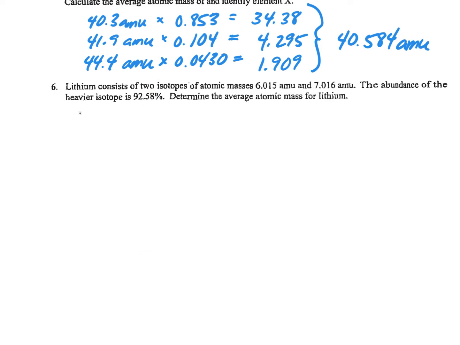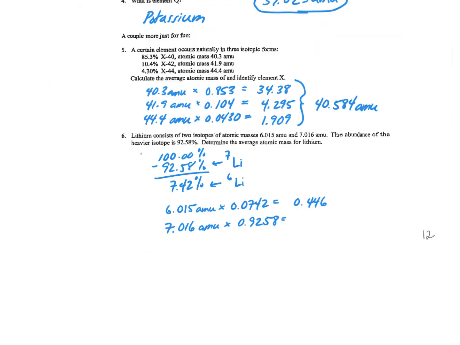Now, you're not given the other relative abundance, but there are only 2 isotopes. So the relative abundance of the other isotope should be 100 minus 92.58. So that's what we're going to use.